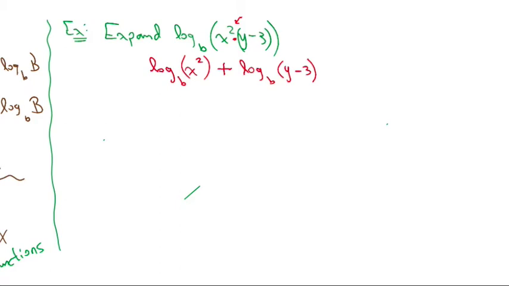What's the only thing you can do to the first part? Bring the 2 down, so you get 2 log base b of x plus log base b of y minus 3. And that's the best you're going to get out of expansion. Don't go too far, don't go too short. All right, let's make it worse.